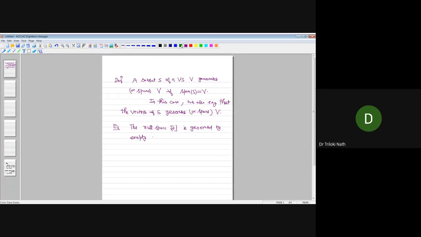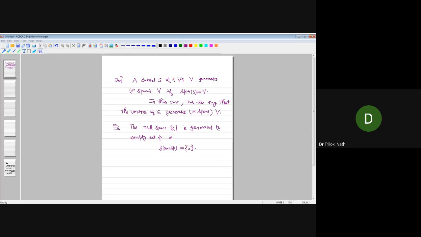Because the smallest subspace containing the empty set is 0, nothing else, because the empty set has no element. So span of phi is, by convention and by definition, just the 0 vector, because the linear combination can be defined only for the vectors of a non-empty set. So for the empty set, a linear combination cannot be defined. So this is a convention also, that span phi is 0.